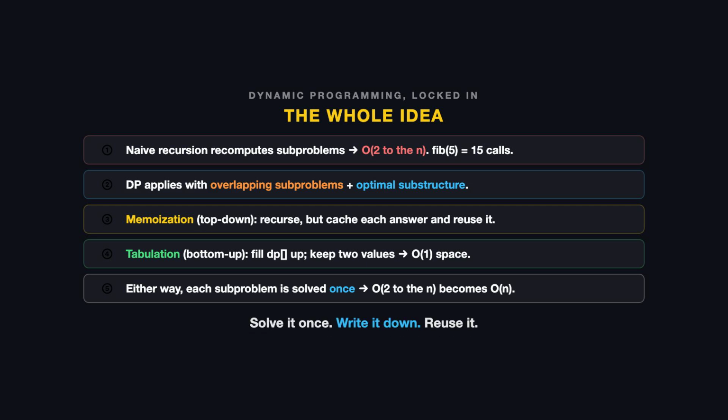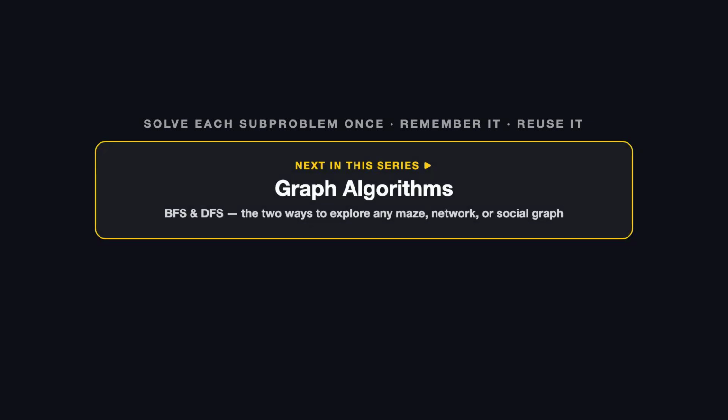You fill a table from the base cases up, and often shrink the memory to constant. Either way, you solve each subproblem once. That single idea turned O of 2 to the n into O of n, solve it once, write it down, reuse it. So that is dynamic programming, the fix for slow recursion. Solve each subproblem once, remember it, reuse it.